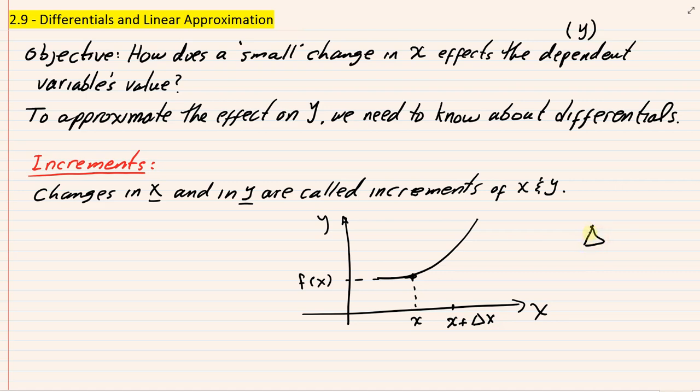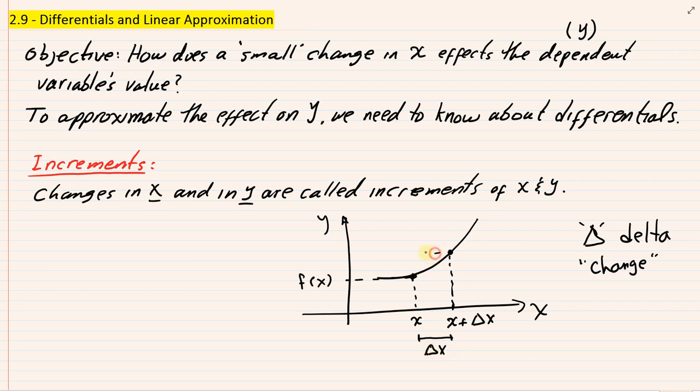The triangular shape here represents delta. And remember the word delta here, think of it as change. So when we say delta x, that means change in variable x. So the distance going from the initial point to another point, that's what delta x is, and that's what the increment of x is called.